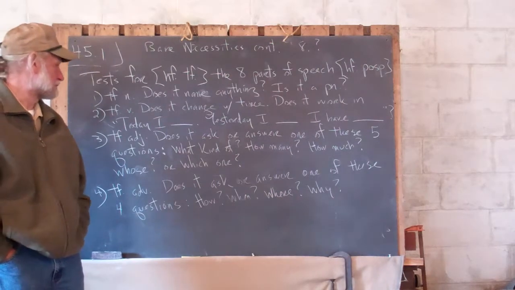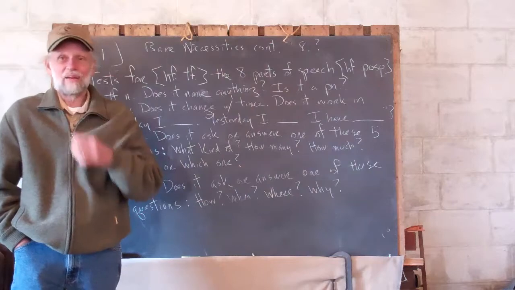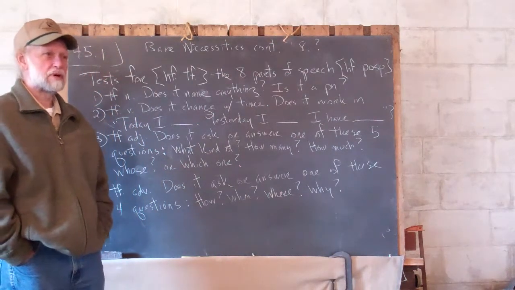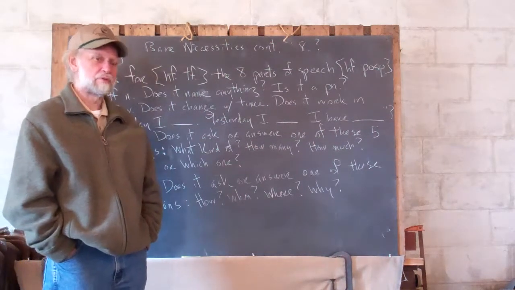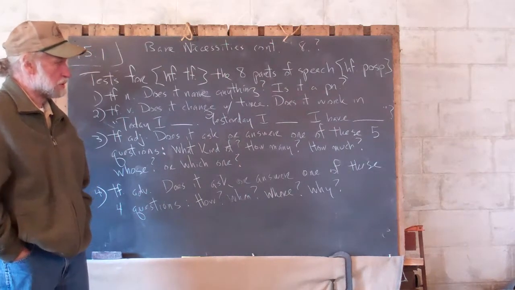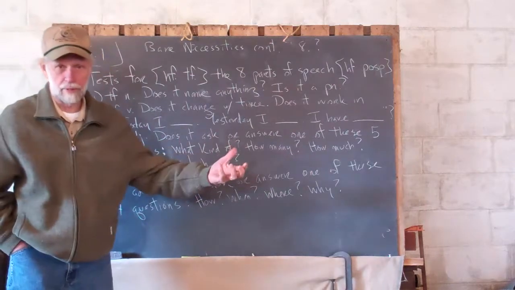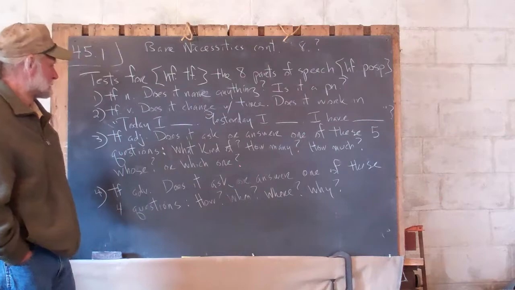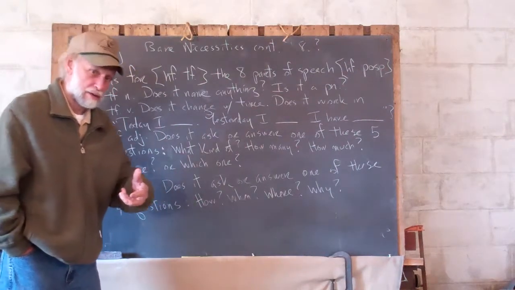Number 2, test for a verb. Does it change with time? Now, it's so tempting to put this in the definition of a verb. Verbs are the one part of speech that are very much influenced by time. So I go on to say, does it work in, and here's a little formula that you should learn to run by: Today I blank, yesterday I blank, I have blank.